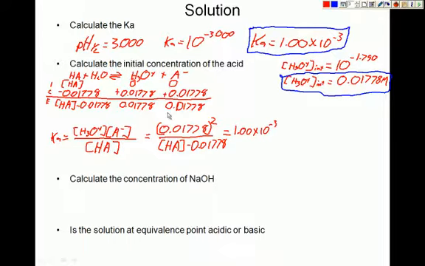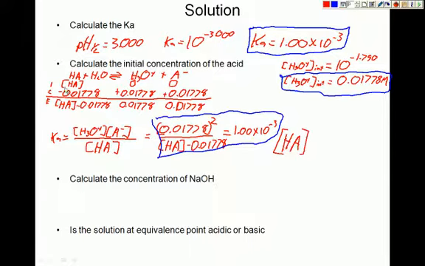If we solve for HA, the initial concentration, HA will equal 0.334 molarity, and this is our actual final answer.